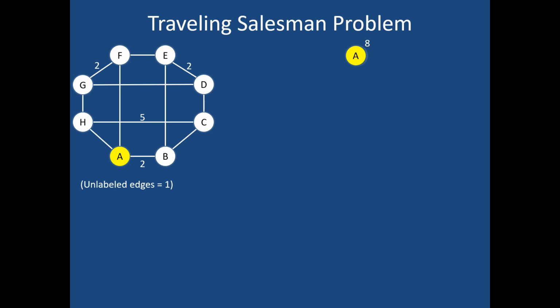Well, for a weight of 8, you could do A to H, G, and then, well, we're not involving A now. I'm just looking for the minimum spanning tree of the white vertices. What we're essentially doing is finding the minimum spanning tree of the white vertices and adding to that the cost of connecting A to it in 2 places, which is going to be at least 2.